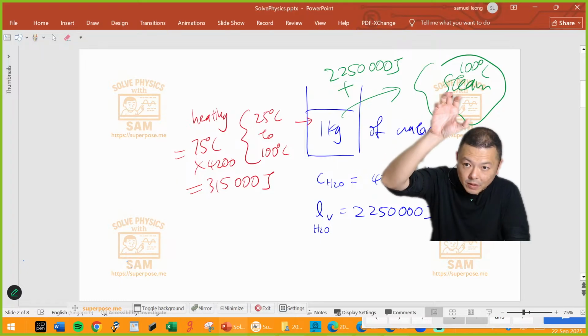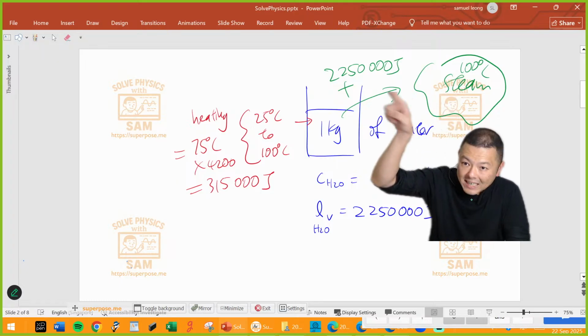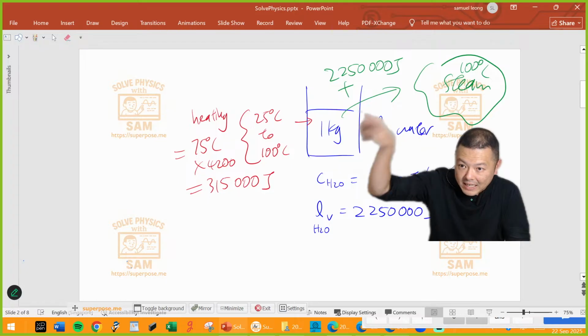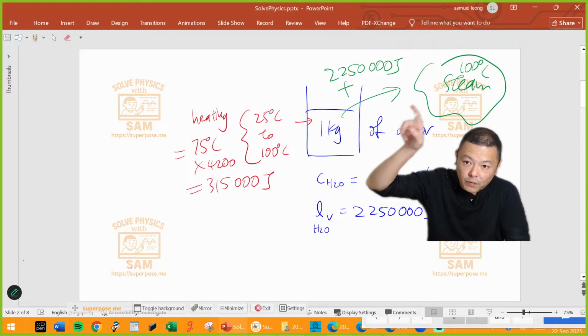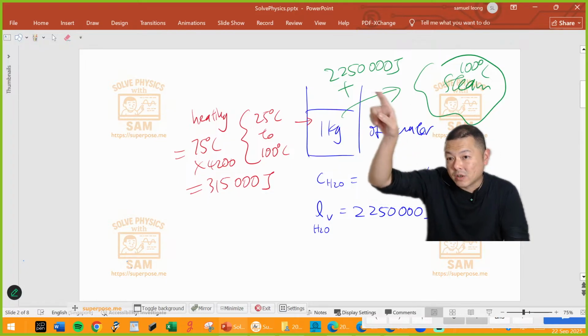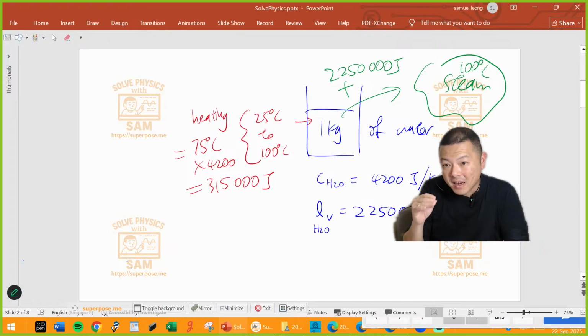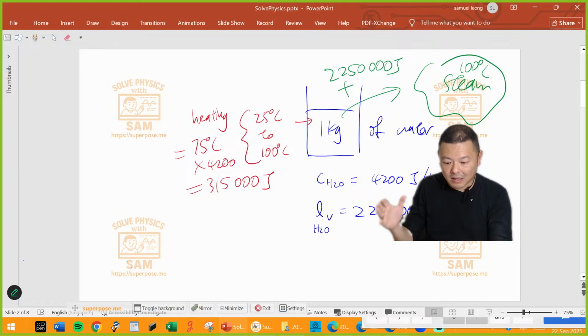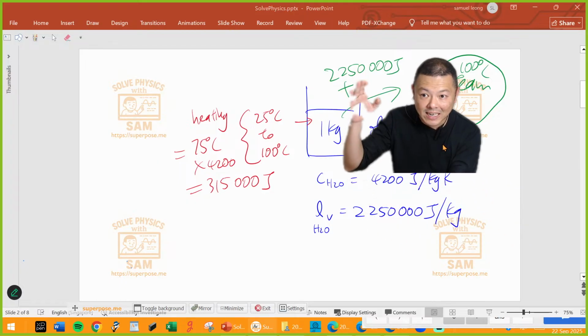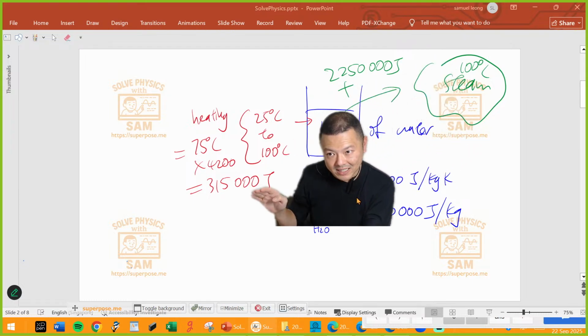So when steam condenses, it releases that heat to condense back into water. 1 kg of steam releases 2.25 million joules of heat just to condense back to water.